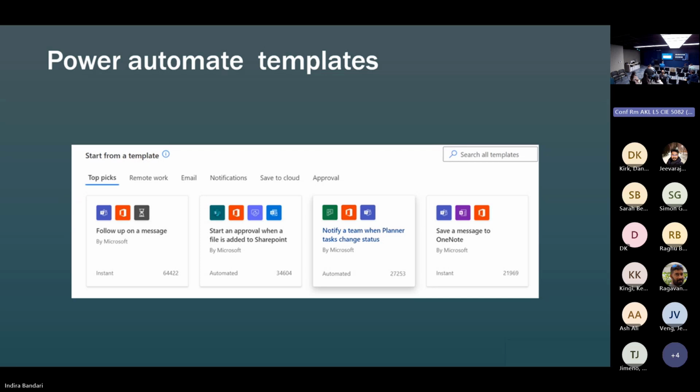Okay, so instant is you can manually trigger it. Automated means, if you see this description, "Start an approval when a file is added to SharePoint," that is automatically triggered when a file is uploaded to SharePoint. Whereas this one is manual, where you start an approval that's requesting something.